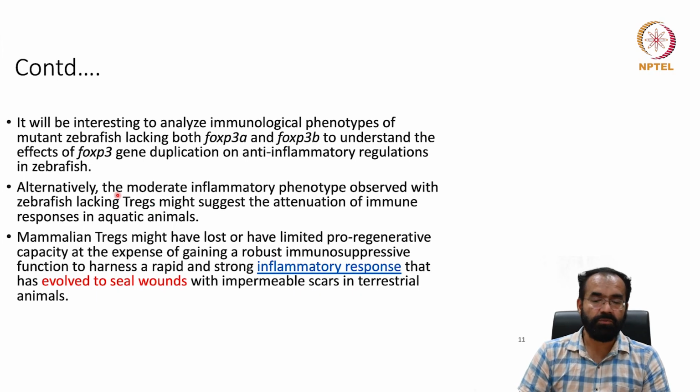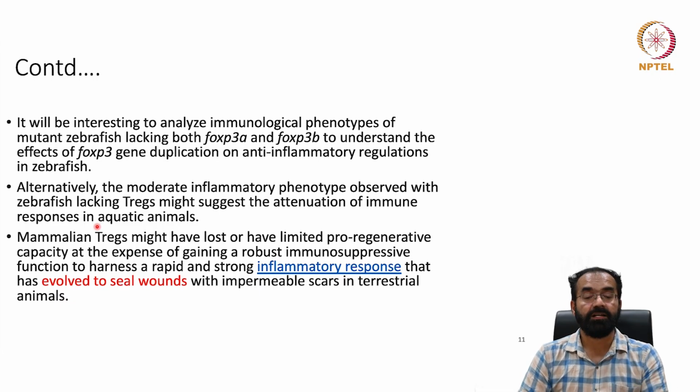Alternatively, the moderate inflammatory phenotype observed with zebrafish lacking Tregs might also suggest that the attenuation of the immune response in aquatic animals, how it has evolved, will give a good insight into those angles as well.